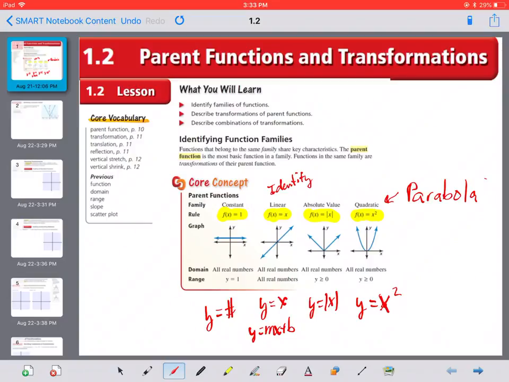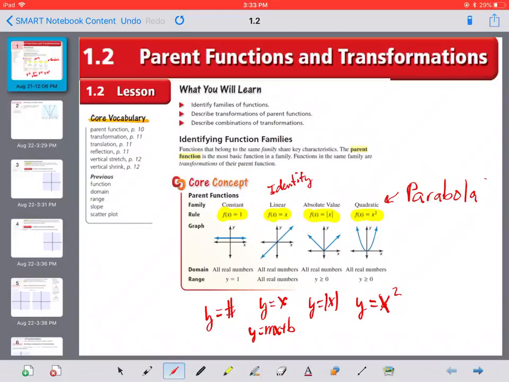The arrows point to the left and to the right forever, so the domain is all real numbers. The range goes up and down forever, so it is all real numbers too. You might more recognize this as y equals mx plus b, the equation for slope-intercept form of a line.